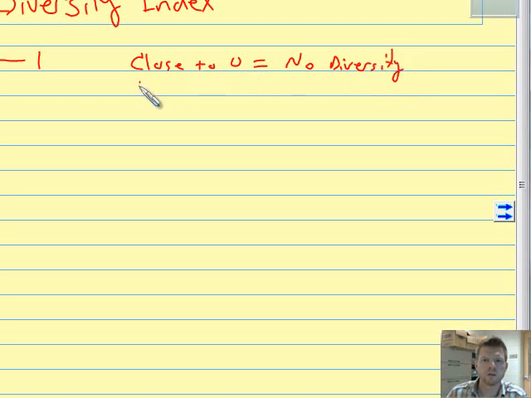And close to 1, that's going to mean that there is infinite diversity. Okay, so the higher the final number is to 1, the more diversity we have.